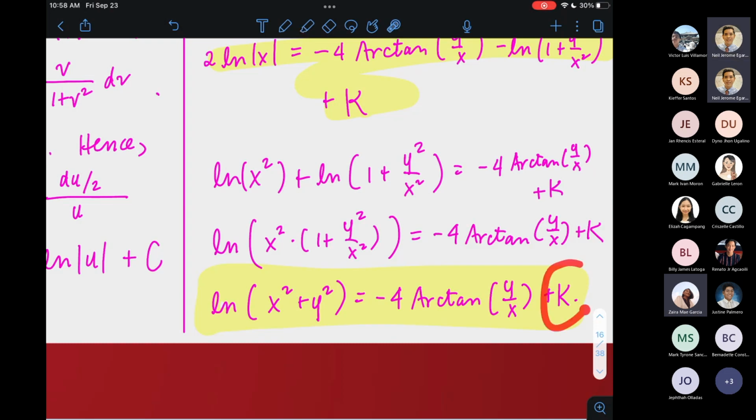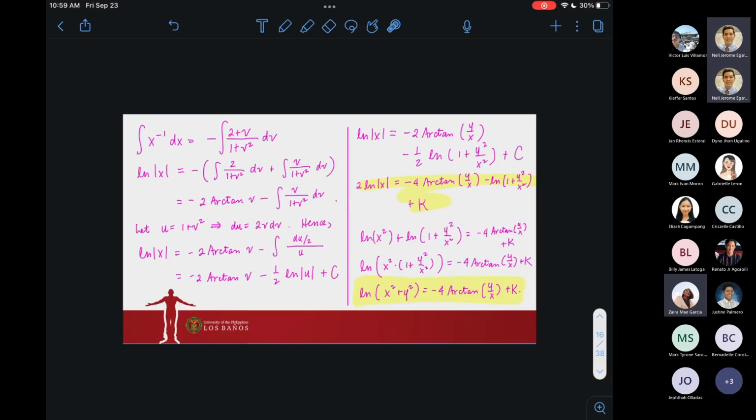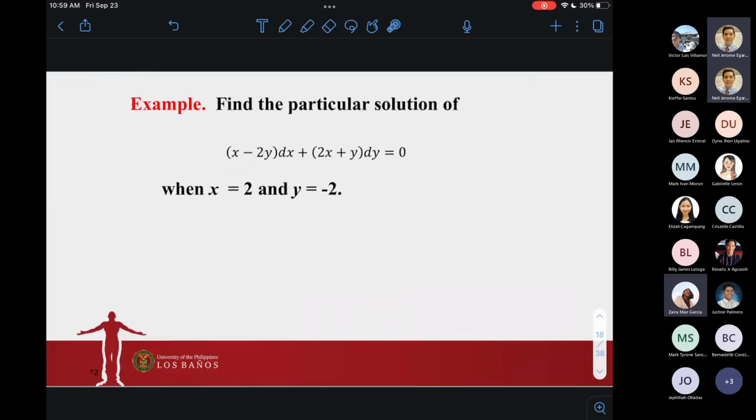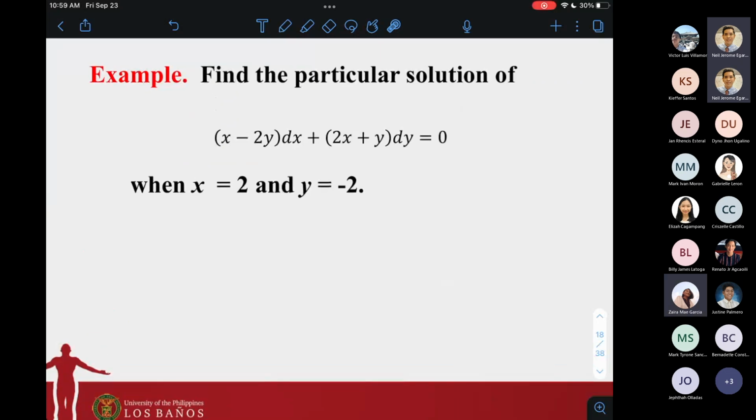Pero meron siyang parameter k kasi kino-consider natin yung infinity of solutions for this particular ODE. Pero if we have an initial condition in mind, for instance, in this example, we want to find the solution curve or the integral curve that passes through 2, negative 2. Kailangan nating hanapin yung constant k that will give us this initial condition.